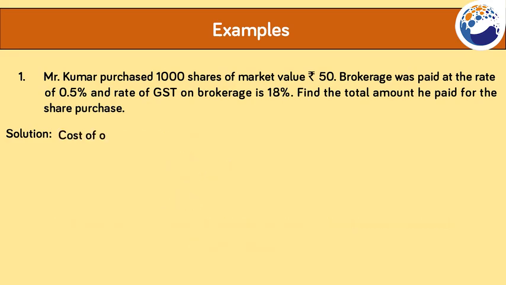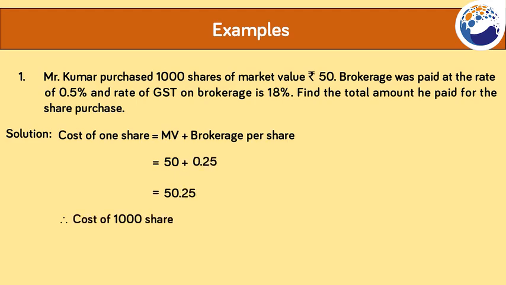The cost of one share is equal to market value plus brokerage per share, which is 50 plus 0.25 is equal to 50.25. Therefore, cost of 1000 shares is equal to 50.25 into 1000 is equal to rupees 50,250.